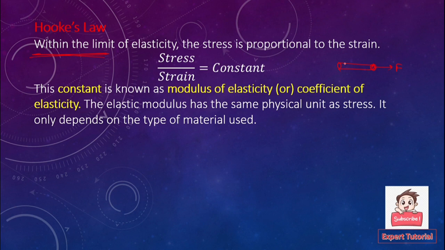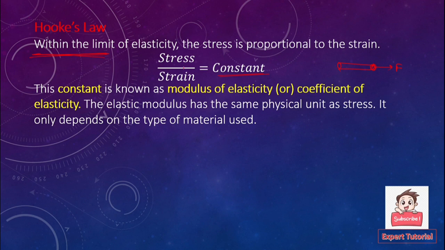You have increased the force further, so it will further be elongated, but it has a limit. After the limit, it will be broken. Okay, so within the limit of the elasticity, the stress is proportional to the strain, and this constant, stress by strain, is known as the modulus of elasticity or the coefficient of elasticity.